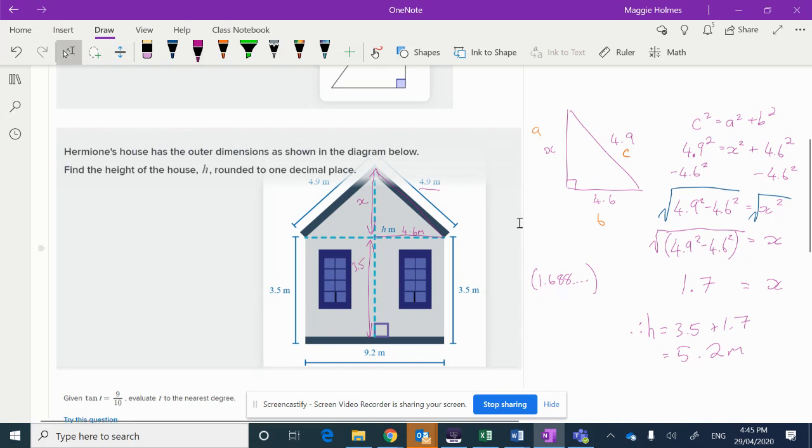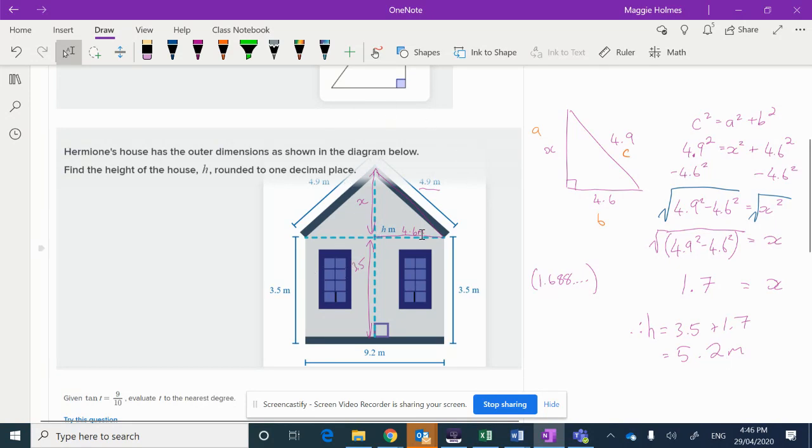I did ask you before if 1.7 sounded reasonable. I looked at the diagram and it really doesn't look reasonable, right? If this looks about the same length as that, and it's clearly, if that's 1.7 and that's 4.7, it clearly doesn't work. But remember that diagrams are generally not to scale at all.